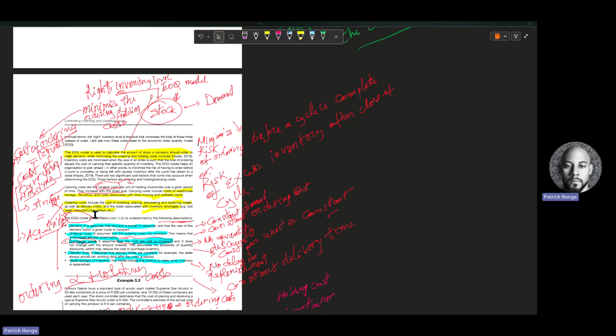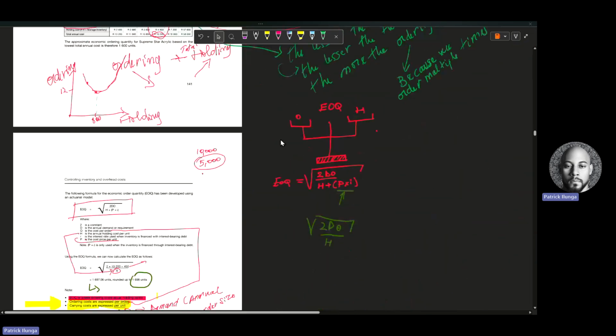I trust that's quite clear, right? So this EOQ model is used to calculate the amount of stock a company should order to meet demand, while at the same time minimizing the ordering and the holding cost involved, right? So I've put this balance here.